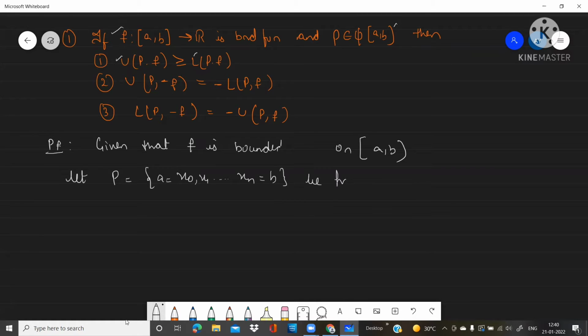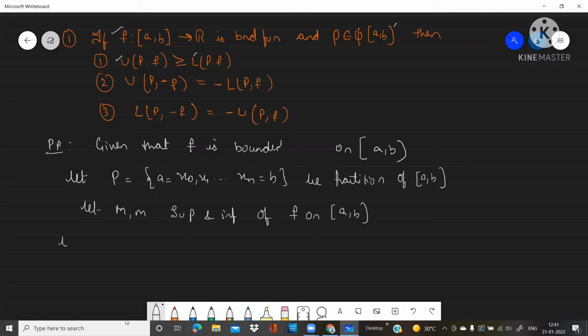Let this be a partition of the closed interval [a, b], and let capital M and small m be the supremum and infimum of f on [a, b].